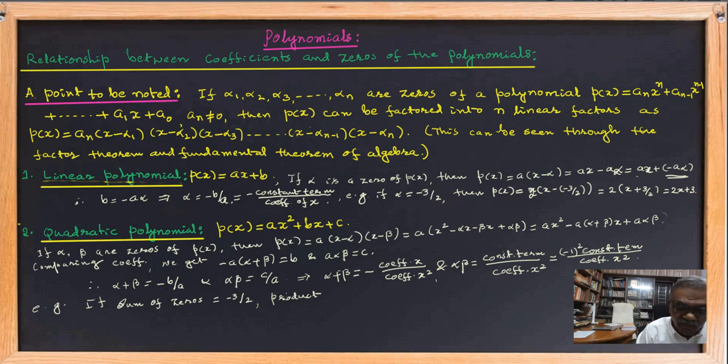Minus 2 by 1, 1 by 2, minus 3 by 2, and the product is minus 1.